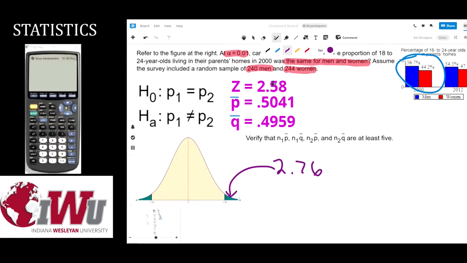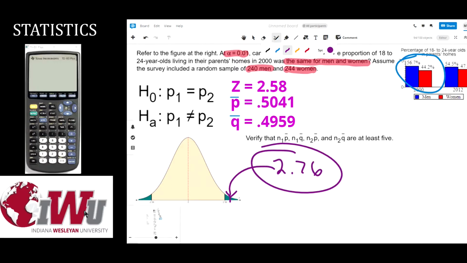Now, the claim here was that the proportion of 18 to 24-year-olds living in their parents' homes in 2000 was the same for men and women. And since we have the 2.76, and that's in the rejection area, we reject that claim. We rejected the null hypothesis.